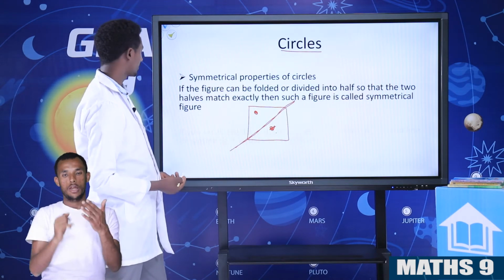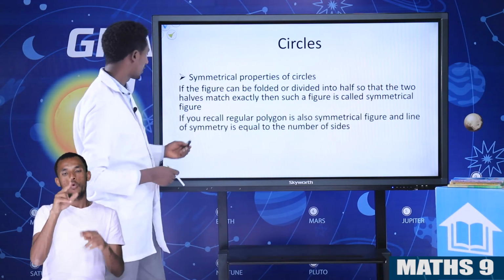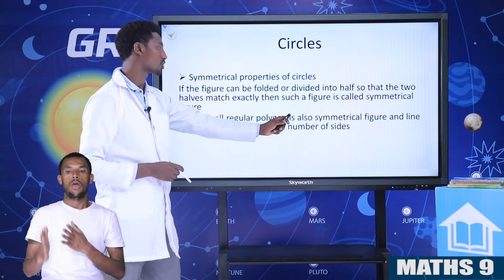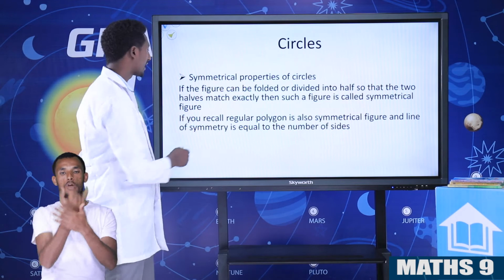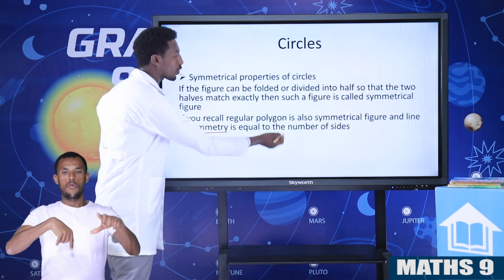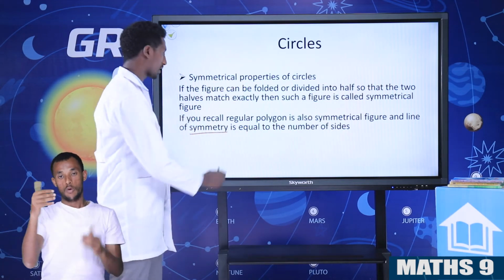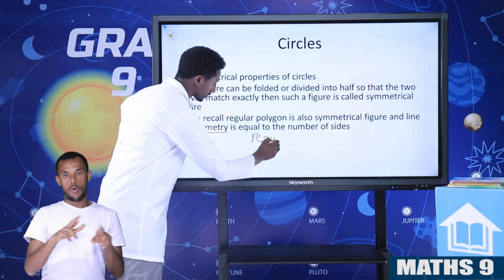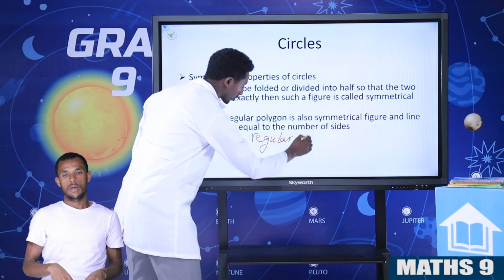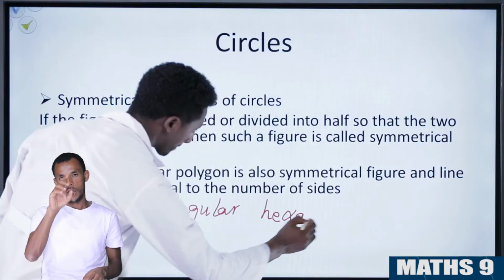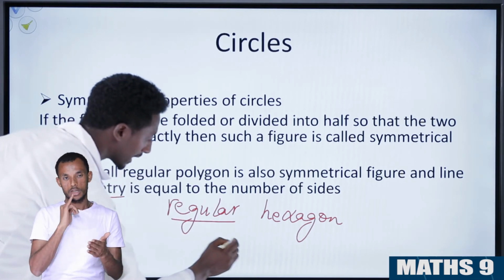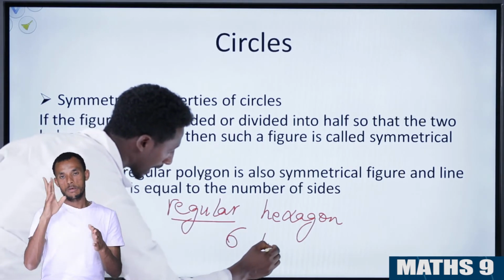And generally, if you recall, a regular polygon is also a symmetrical figure, and the number of lines of symmetry is equal to the number of sides. For example, if we have a regular hexagon, since it is regular, it will have 6 lines of symmetry.